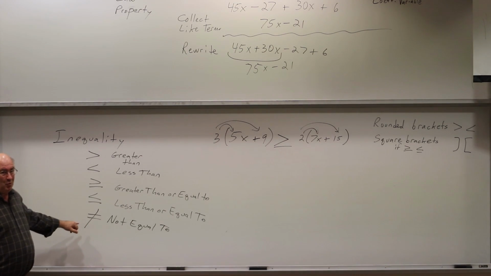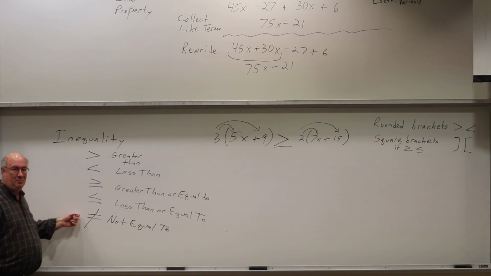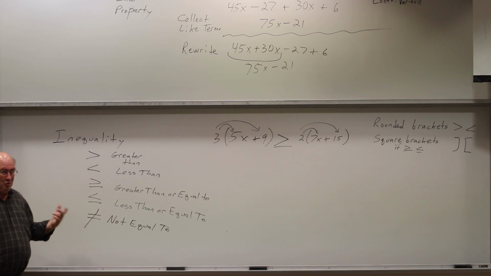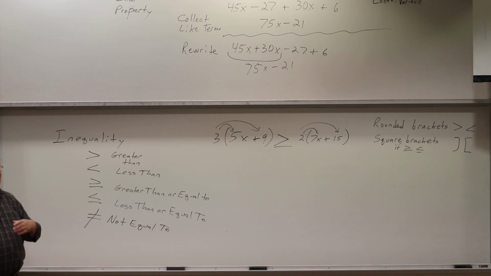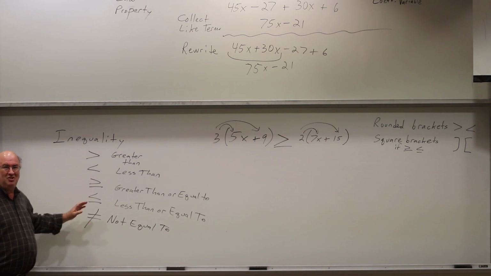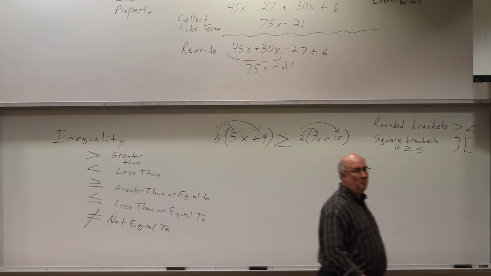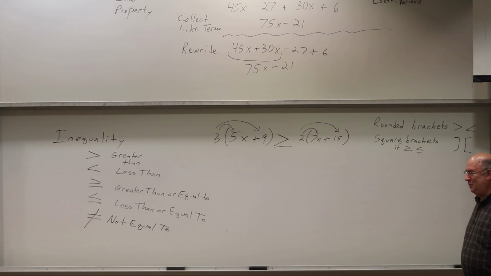If we're trying to have an equality, and we see this pop up when we're doing our own question, like a word problem, and it doesn't work, it's going to be not equal to. So we want to see that as little as possible. So we're working with the other four inequalities for the most part.